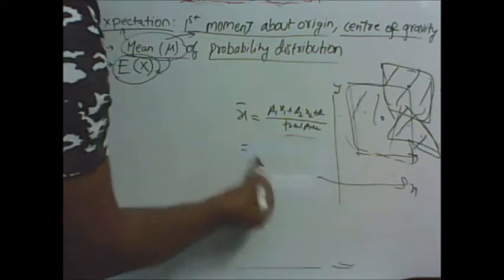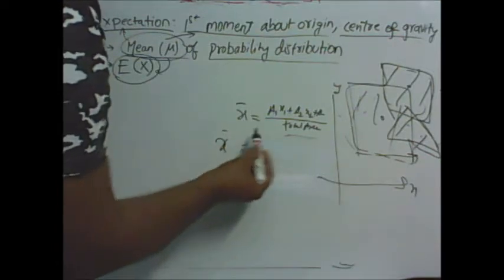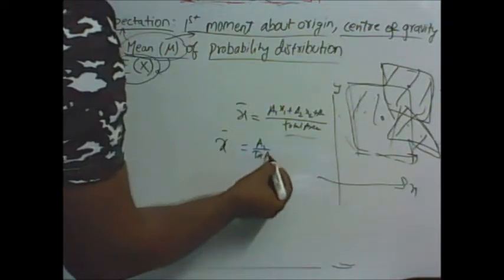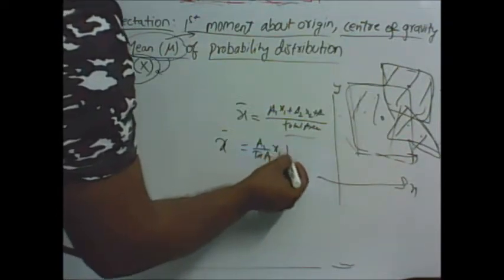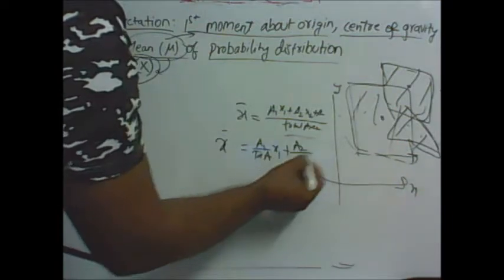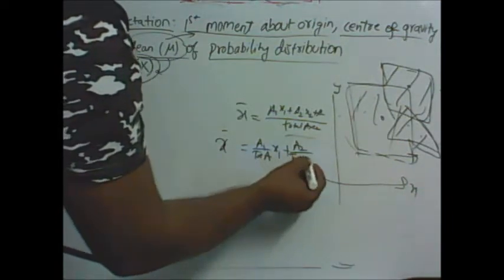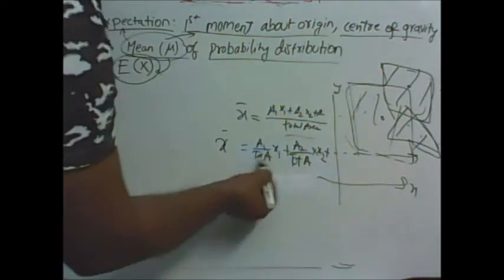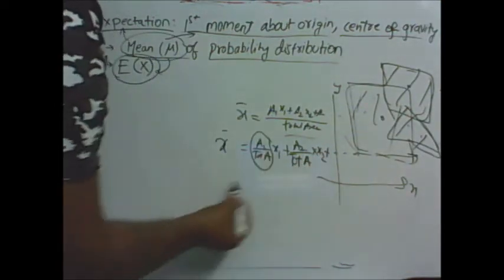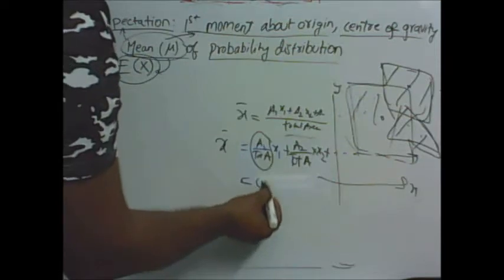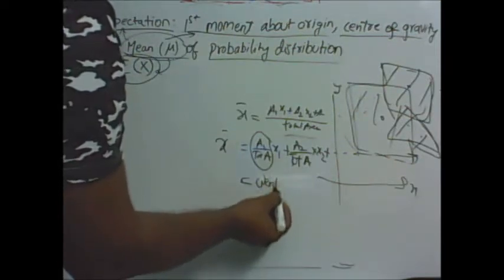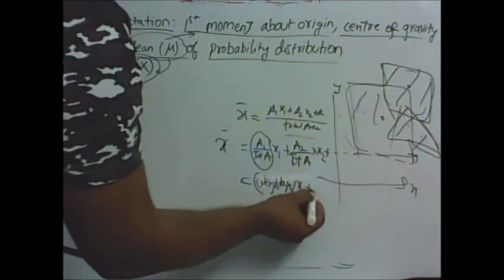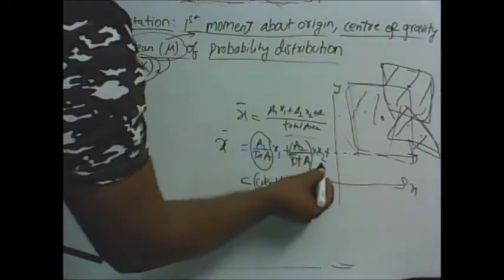If you write it separately, this x bar can also be written as a1 by total area into x1, plus a2 by total area into x2, plus so on. Here a1 by total area, a2 by total area is nothing but some weightage given to x1. Similarly, this is the weightage given to x2.